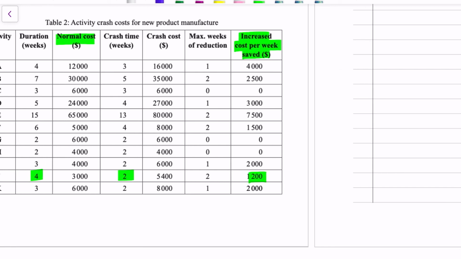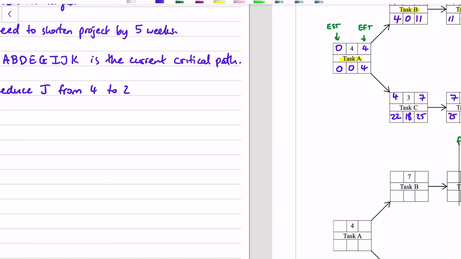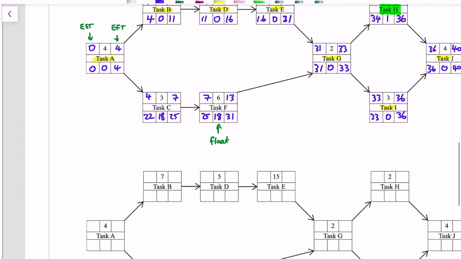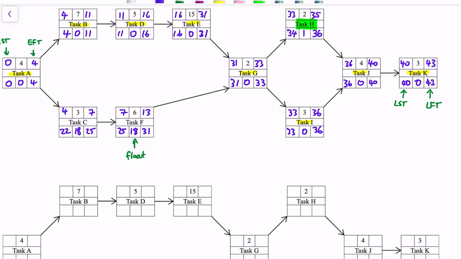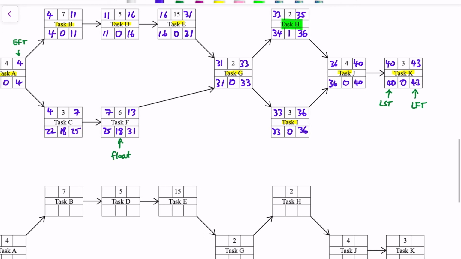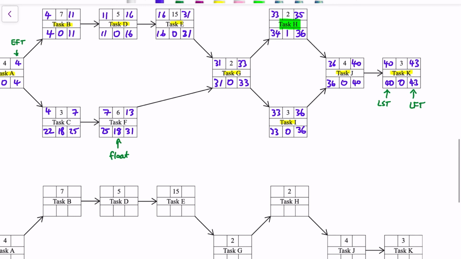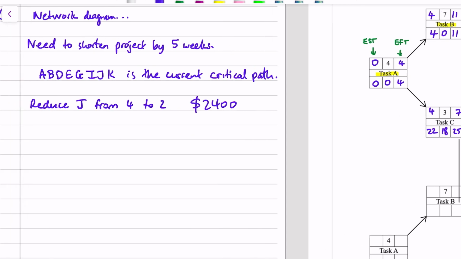Normally $3,000 up to $5,400. So it's $2,400. Where's J? Okay, so crashing J makes it go from 36 to 38 rather than 36 to 40. And then that would be 38 to 41. So we've lost 2 weeks. We need another 3.